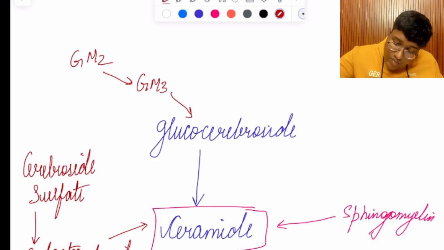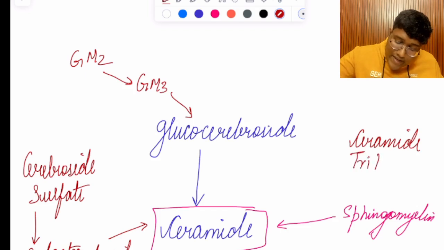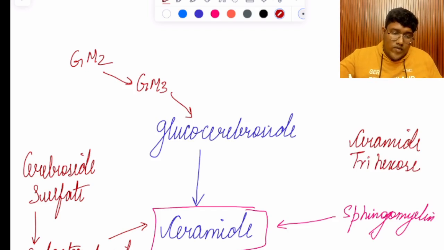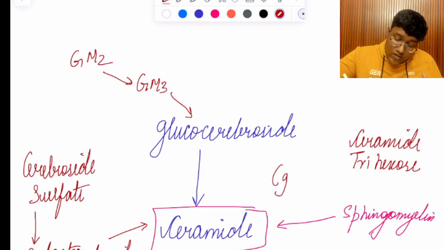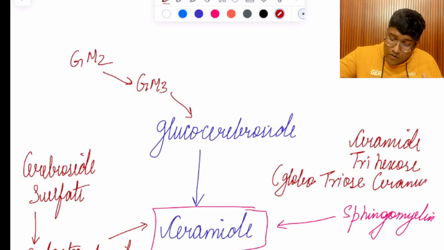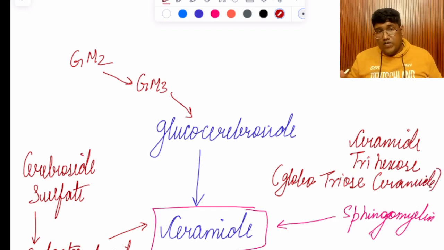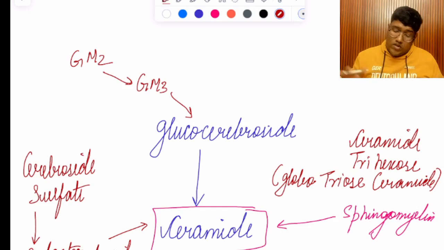Also, remember you have something called ceramide trihexose, which is also called globotriaosylceramide. So this is the whole set of components, and this is very important to remember. It helps you to remember how the diseases work, right?